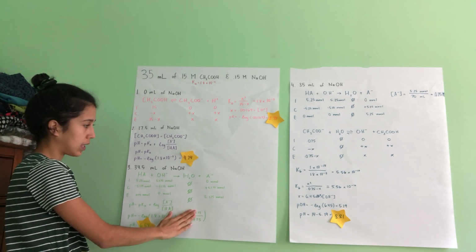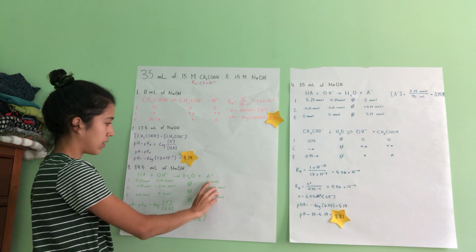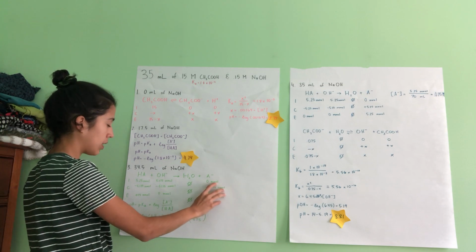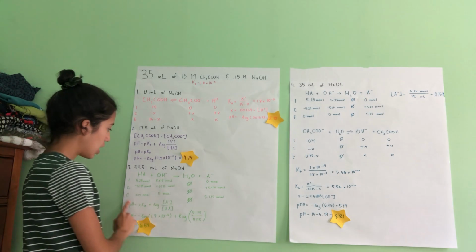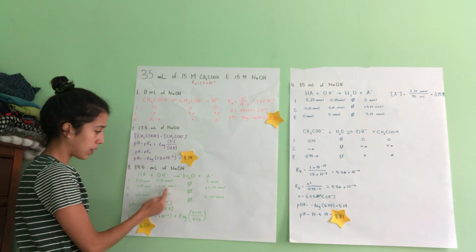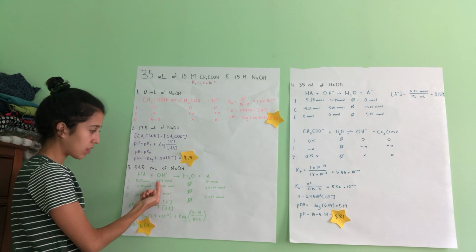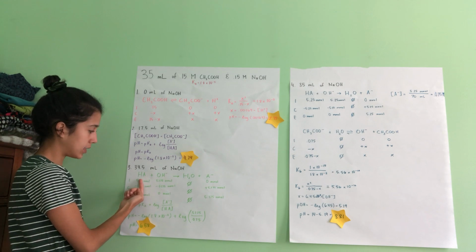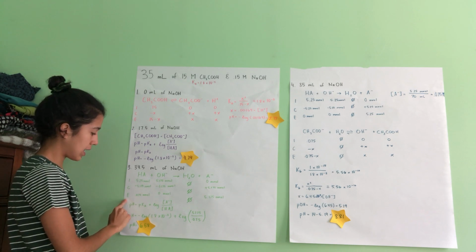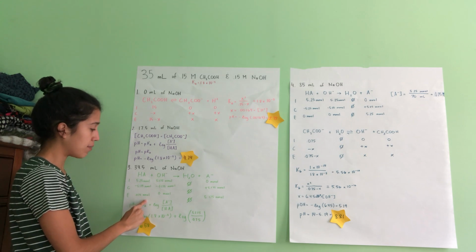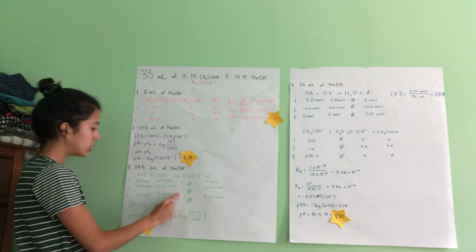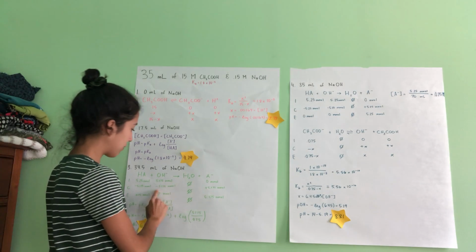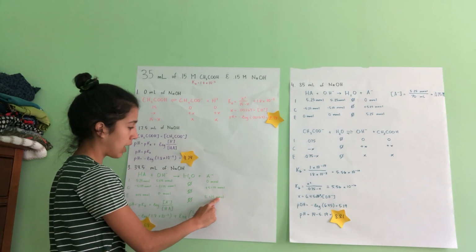Water is just neglected, and then we have 0 millimoles of our conjugate base. Now we use all this base, we're going to minus it from 5.175, and then we're also going to minus this from our acid, our acetic acid. So at equilibrium we have 0.075 millimoles of acetic acid, 0 moles of NaOH, and we have gained 5.175 millimoles of our conjugate base.